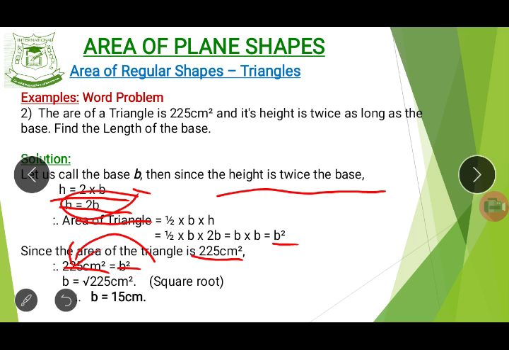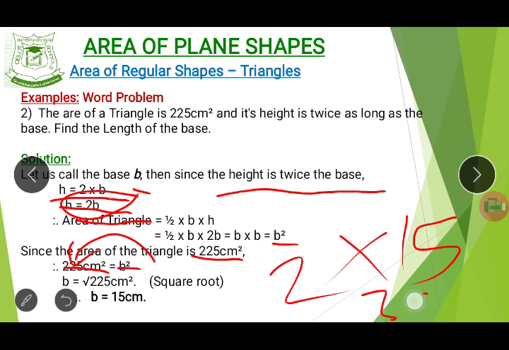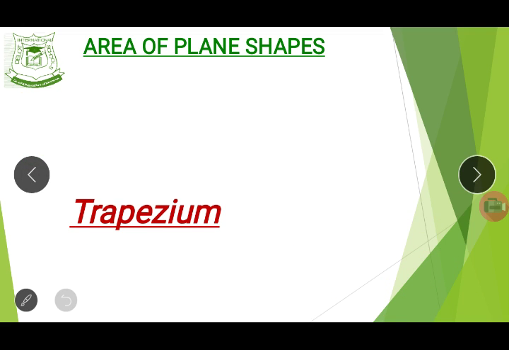Therefore, the base b will be equal to 15 centimeters. If you are told to find the height, since the height is 2 times the base, that means 2 times 15, which is 30 centimeters.